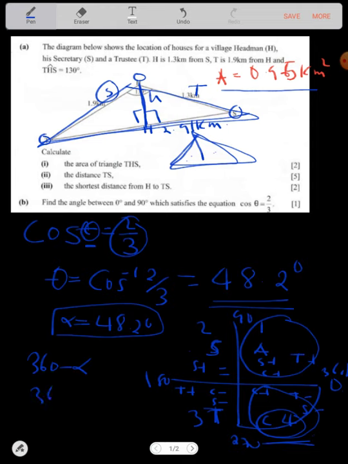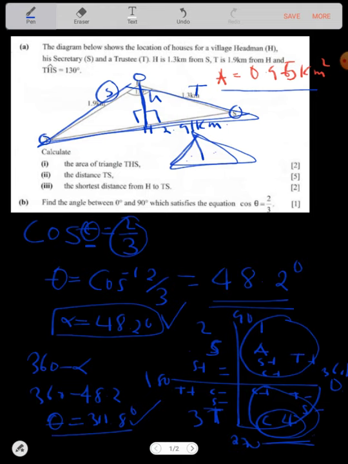So 360 minus 48.2 will give us 311.8 degrees. So we have two angles that we are looking for, this and this.